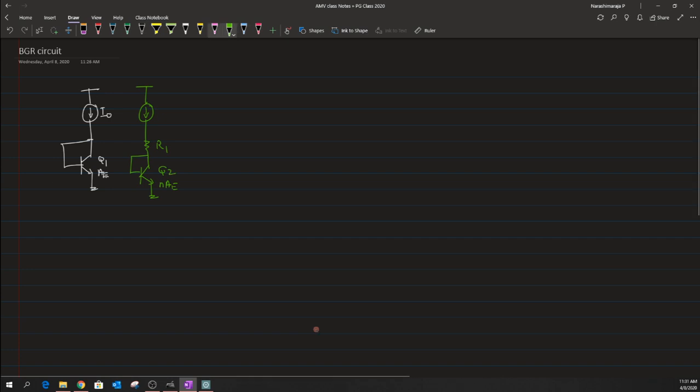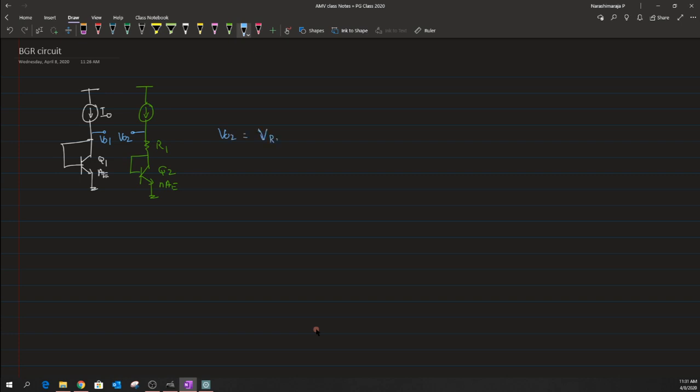Now when we tap these outputs, for the first structure let me label it VO1, and for the second structure let us label it as VO2.